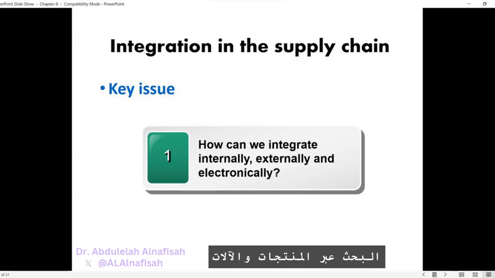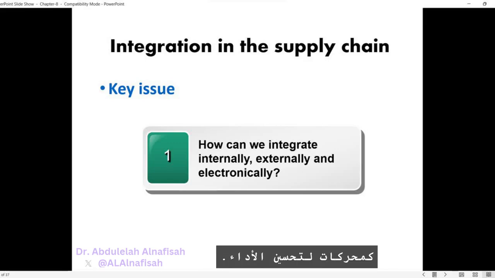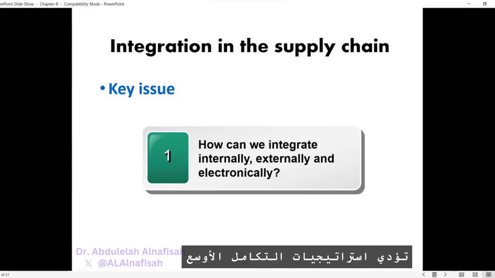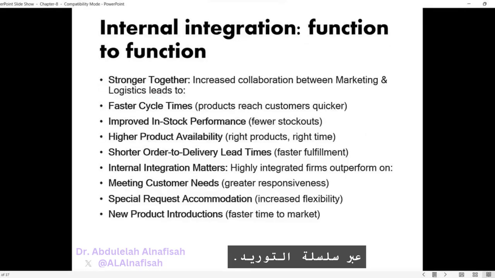Research across fabricated metal products and machinery sectors corroborates the benefits of enhanced integration, identifying variables like planning system access, shared production plans, and joint EDI usage as drivers of performance improvement. Broader integration strategies yield substantial performance enhancements across the supply chain.